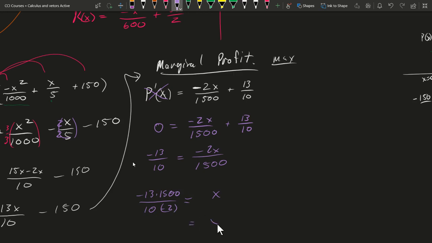And I get 975. So apparently, I should sell 975 items, not 300, which means I should reduce my price quite a bit and increase my sales dramatically in order to maximize the profit.